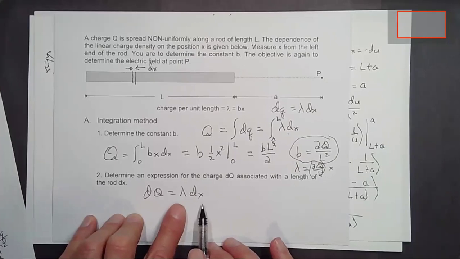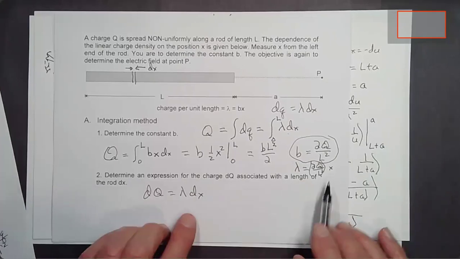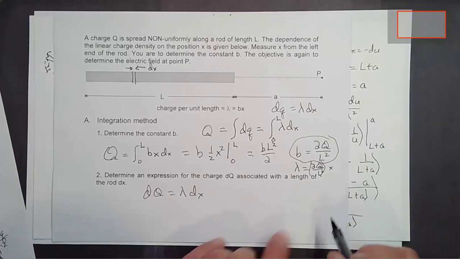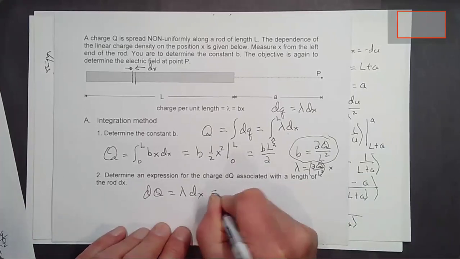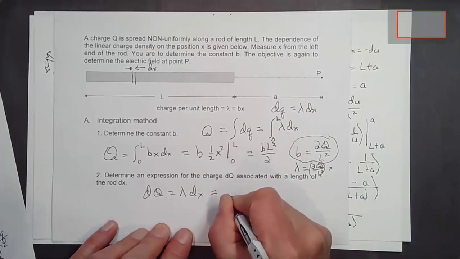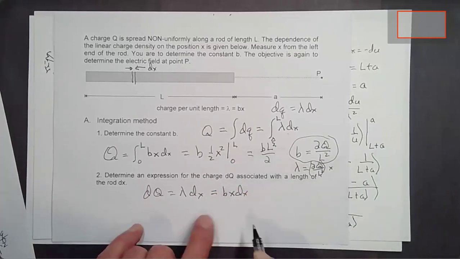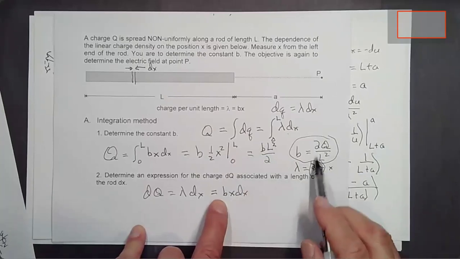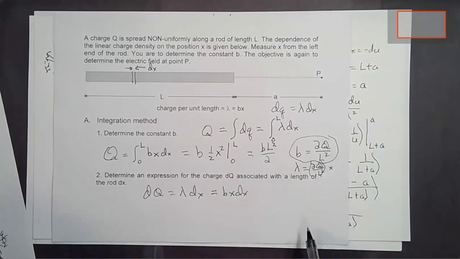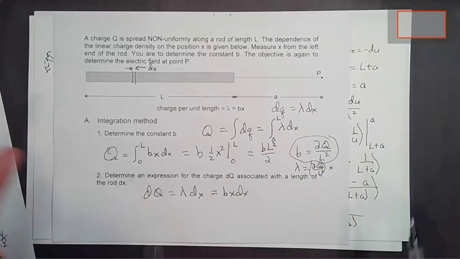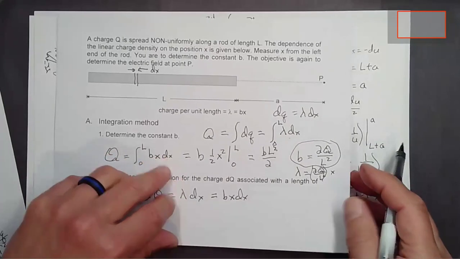That'll equal lambda dx, and lambda is 2Q over L squared, or just bx. So I'll just go with bx dx, and we know that b is equal to 2Q over L squared, so we can deal with that later. So there's an expression for dq associated with the length of the rod dx.